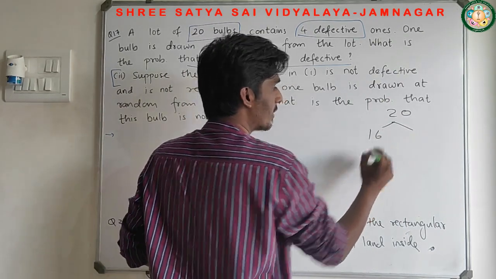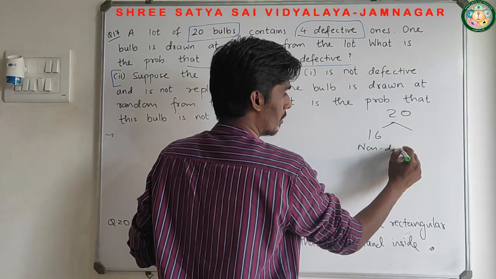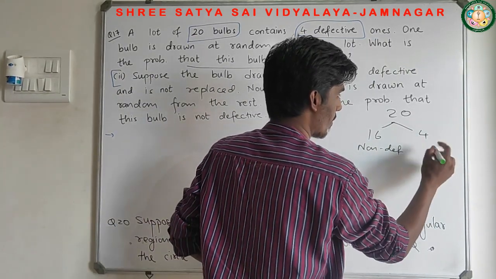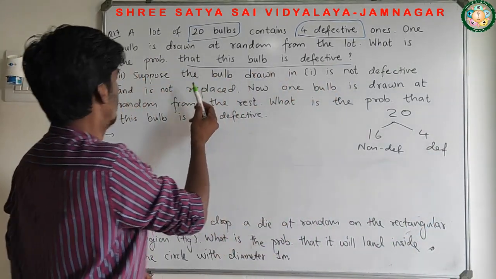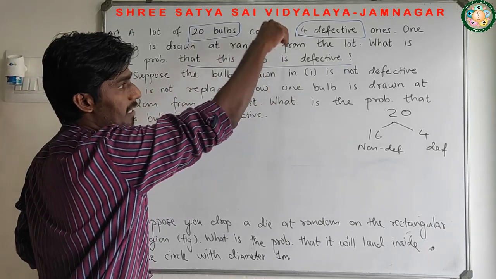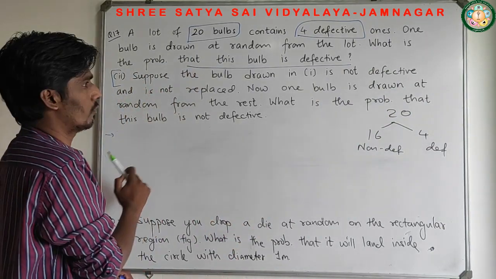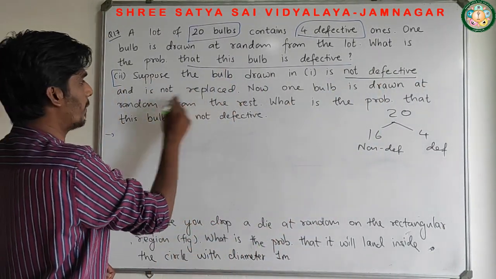Out of that, 16 are non-defective. 16 are what? Non-defective, and 4 are what? Defective ones. So if I read it again, suppose the bulb drawn in case 1, in this the bulb that we took out is not defective, is non-defective. So not defective and is not replaced.